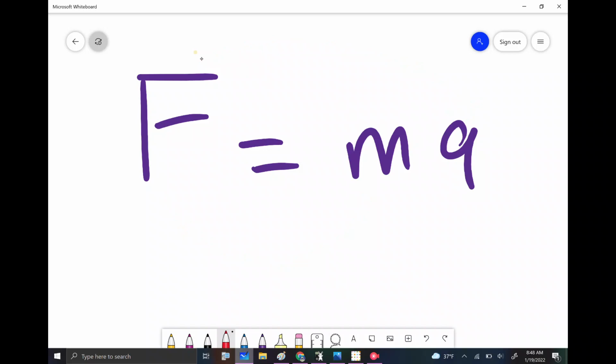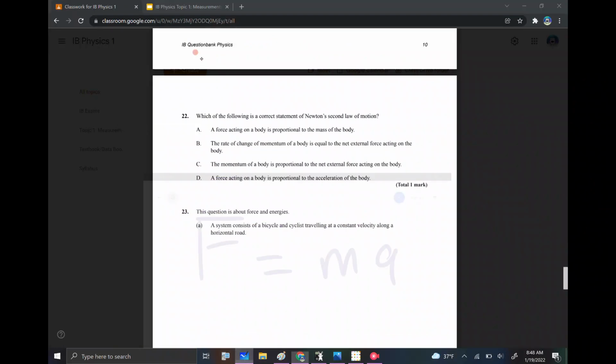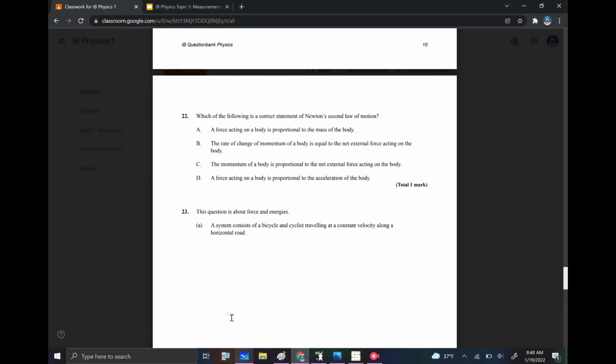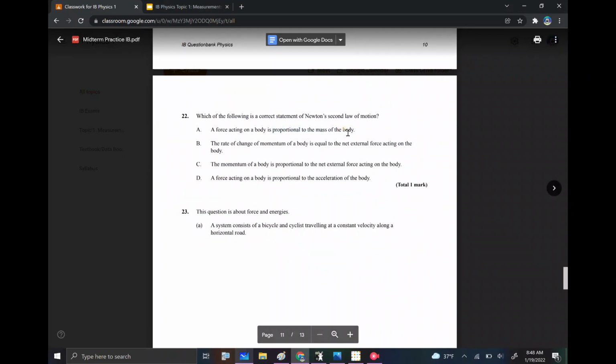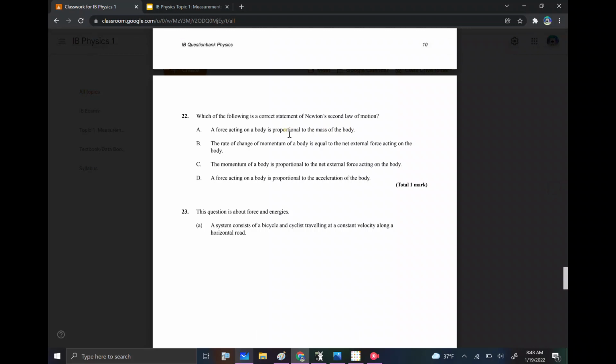It's proportional with mass, and it's proportional with acceleration. In other words, if one goes up, the other one goes up. If mass goes up, force goes up. If acceleration goes up, force goes up. But think about the logic of that, right? A force acting on a body is proportional to the mass of the body. Not quite, right? Because you're not really going to be changing your mass just on a whim.